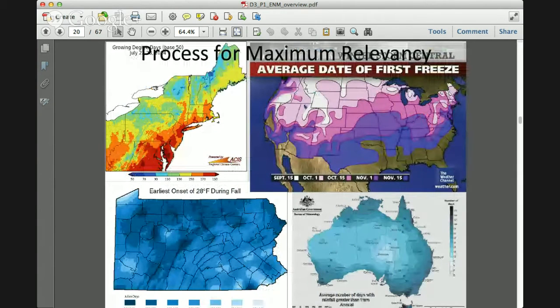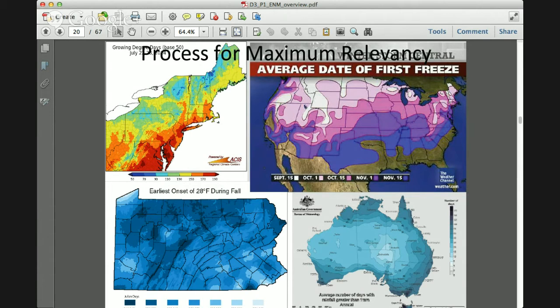And then last comment is we can take the crude data sets and we can process them to be maximally relevant. This is a set of GIS exercises, but notice that it gets done all the time. These are just data sets off of the web that were processed to be relevant for, for example, horticulture or agriculture.